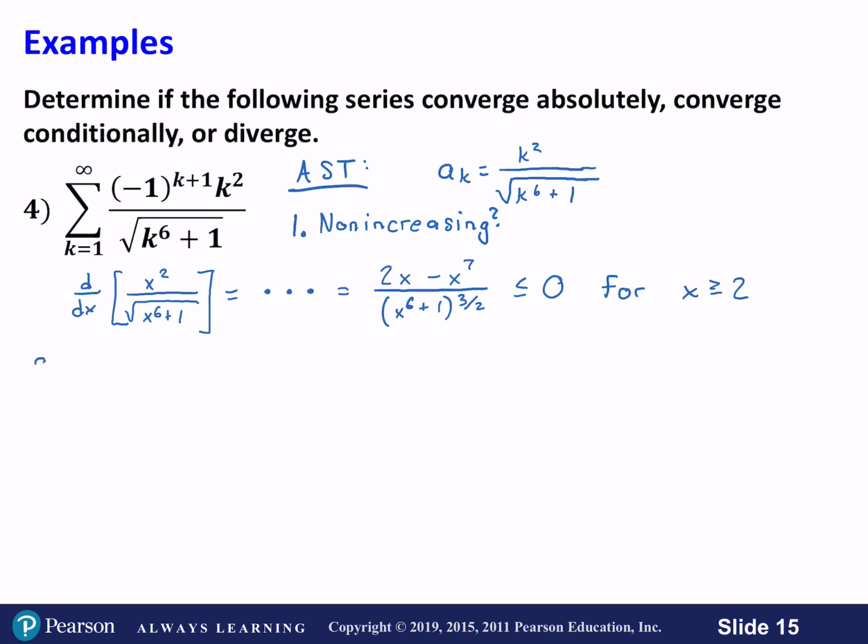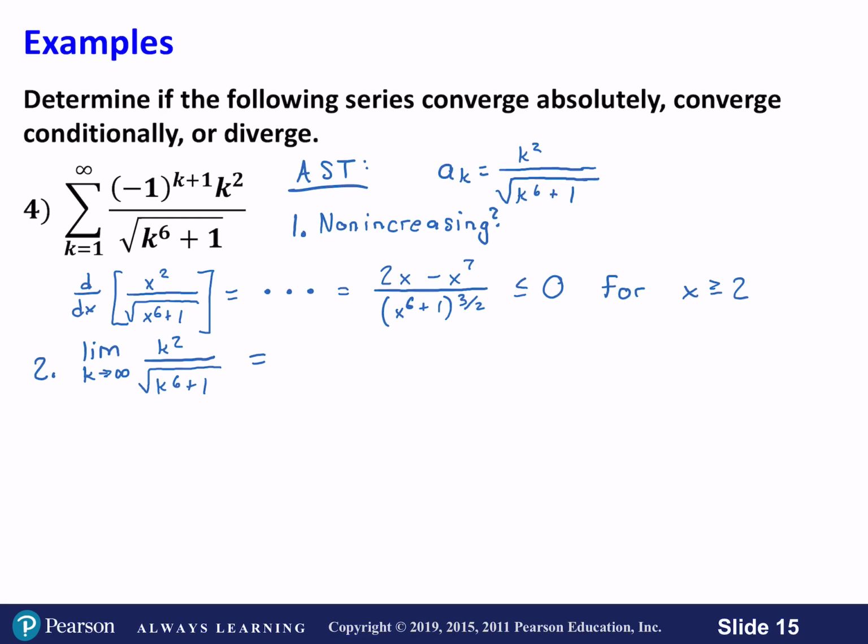And the second thing that we have to check is whether the limit is equal to 0. And one thing that you might notice is that the numerator has a power of k squared. The denominator has a power essentially of k cubed, because the square root of k to the 6th is k cubed.